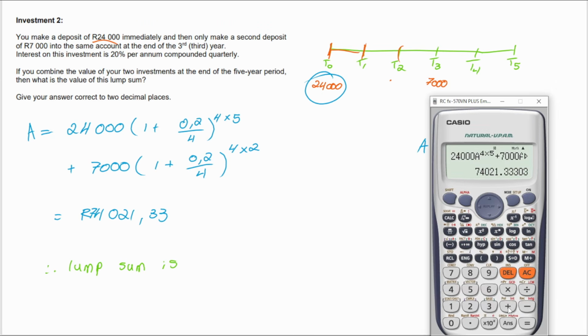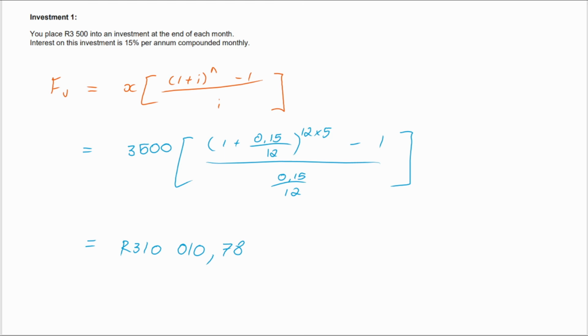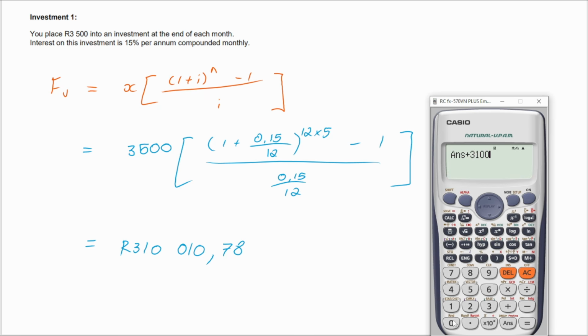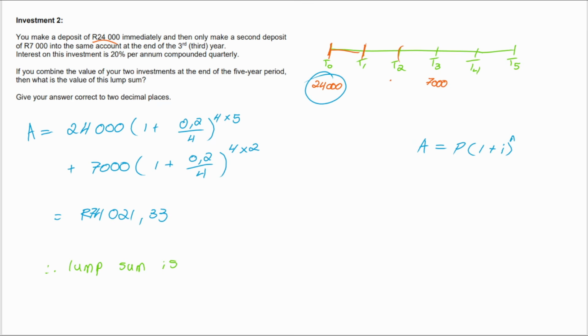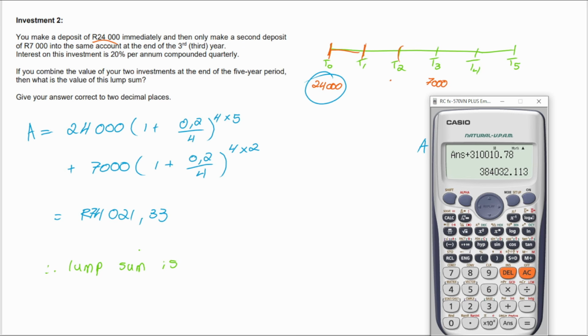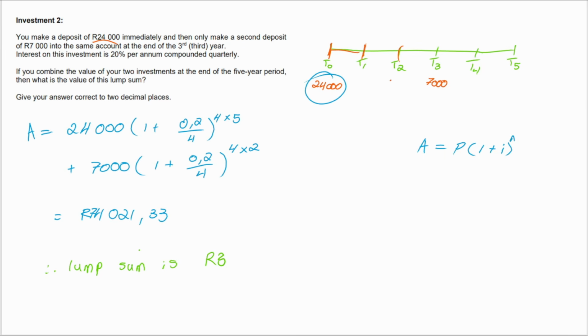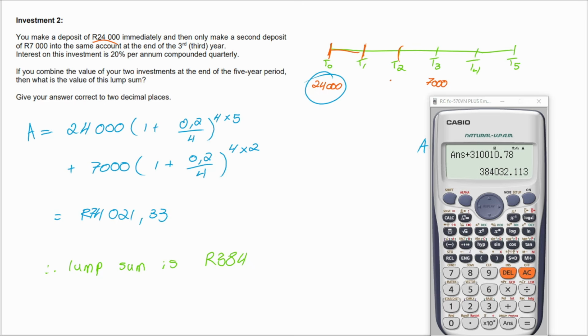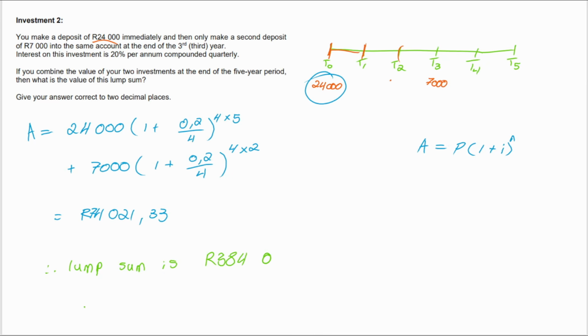We take this thing plus the 310,010.78, and this is the answer we get. This is our lump sum. Remember, 2 decimal places, and we're dealing with money, so let's put the rand symbol. R384,032.11. Let's check with the memo. Yes, the memo gets that exact answer.